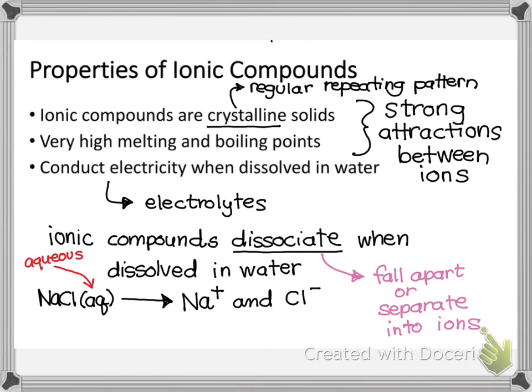So that is one of the properties of ionic compounds, their ability to conduct electricity when they're in an aqueous solution. And the reason is they dissociate, they fall apart into their ions, and the electricity is carried through on ions. Now that brings us back to the Gatorade.